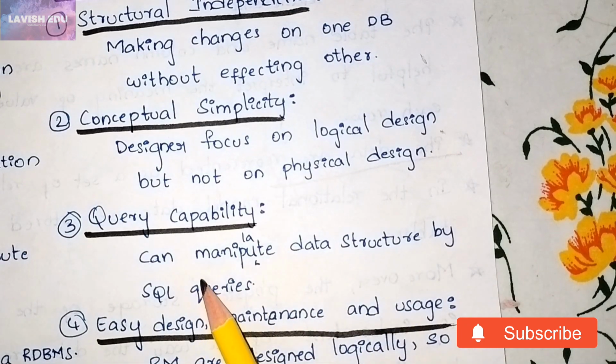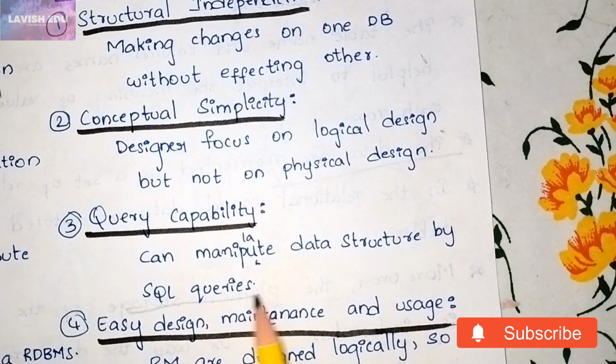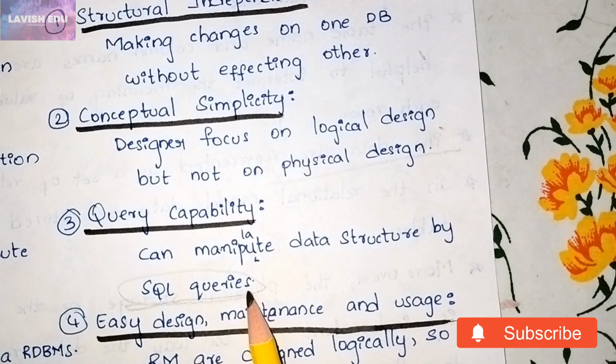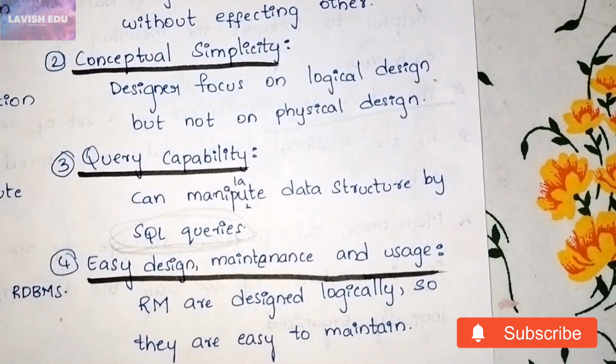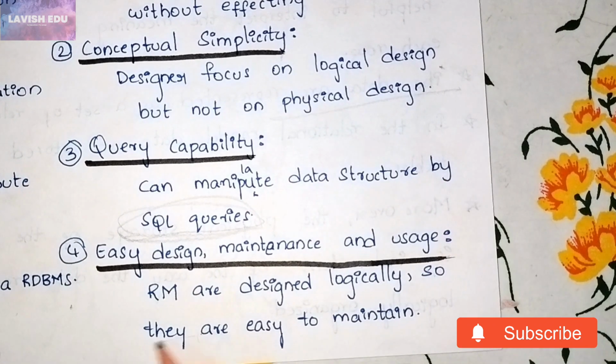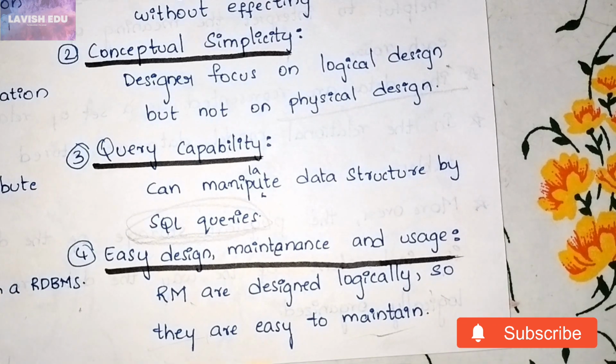Query capability means we can manipulate data structures by SQL queries. We can write conditions for our SQL query to define particular data, using the select command, create command, etc. And then easy design, maintenance, and usage. Relational models are designed logically, so they are easy to maintain, and they are simple to use.